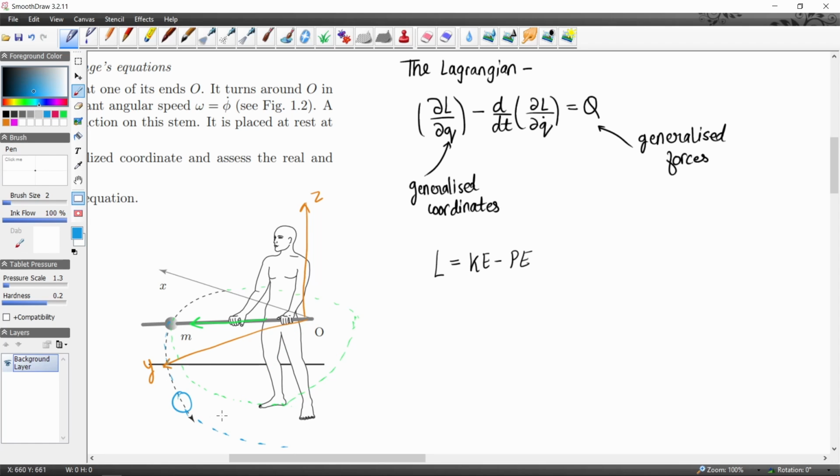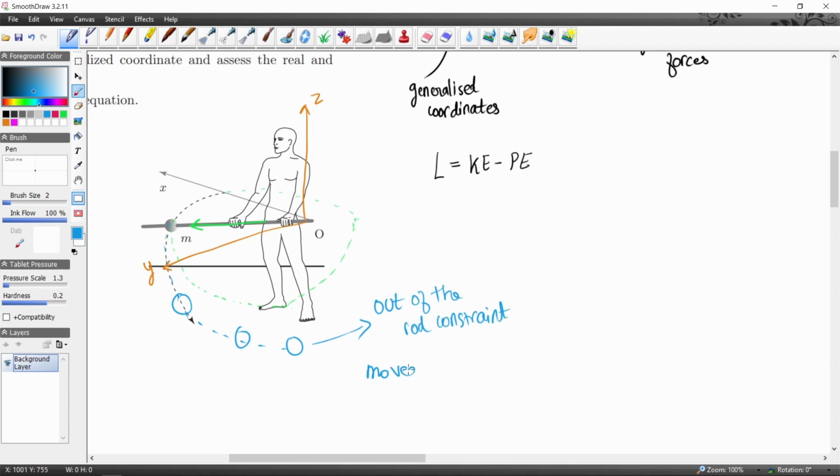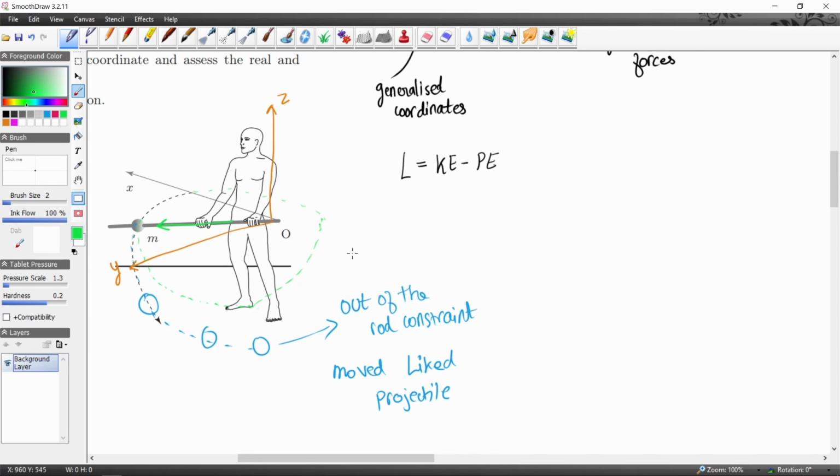However, if I do not lock the motion in OA direction, we can easily see that the mass m will just come out of the stem and follow a projectile motion path. Thus, we can say that the system has 2 degrees of freedom, one along OA and other is the rotation around the z-axis.